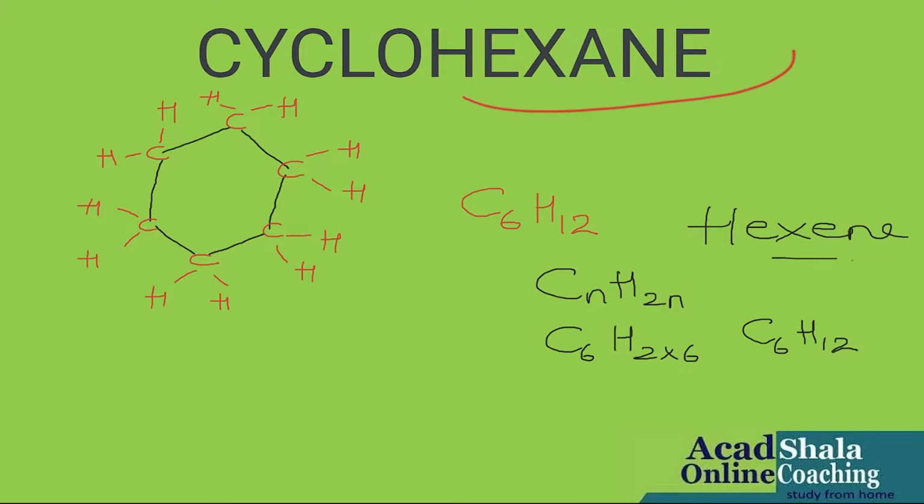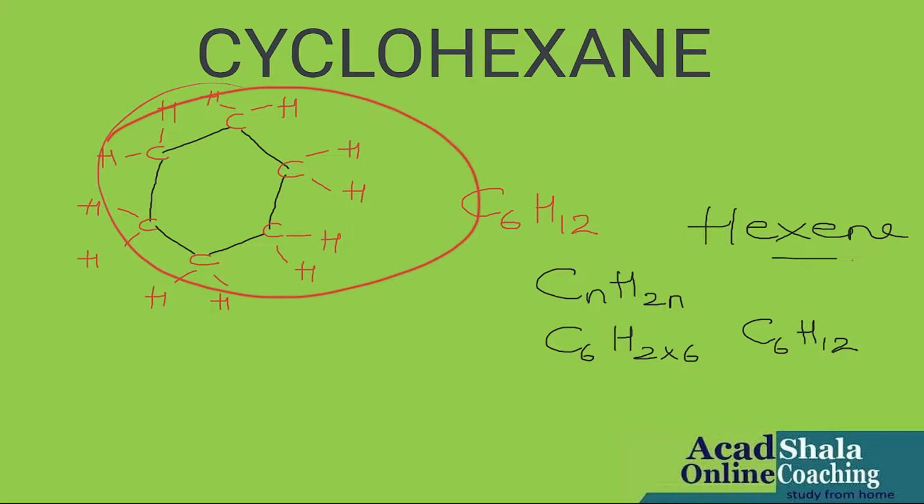cyclohexane. Again hexane, that means I know the linear structure of hexane, and then I put those carbons in the form of a cyclic structure. When I put them in the form of the cyclic structure, I get these 6 corners over here like this. Yes. And then I have joined it like this.